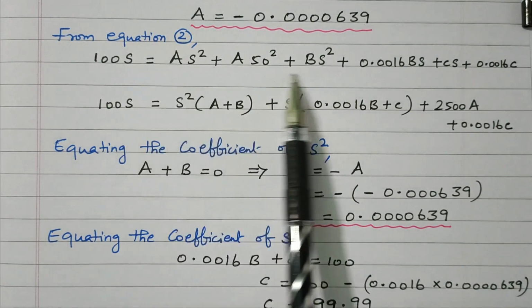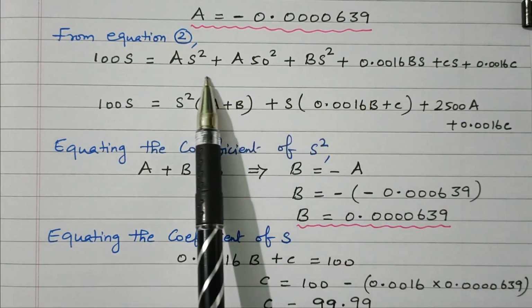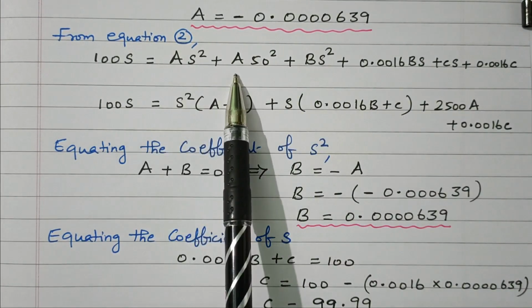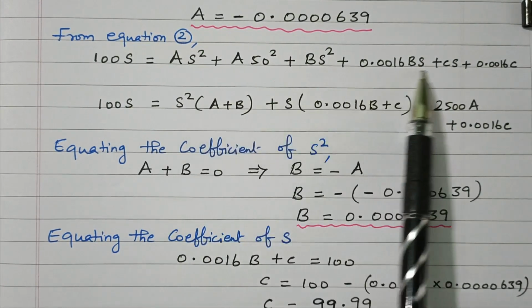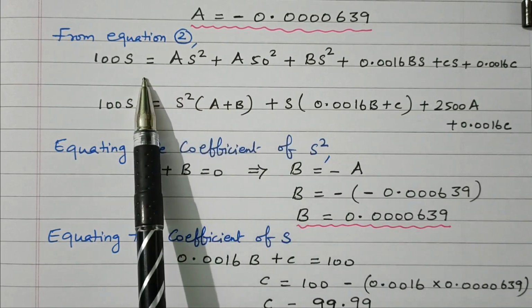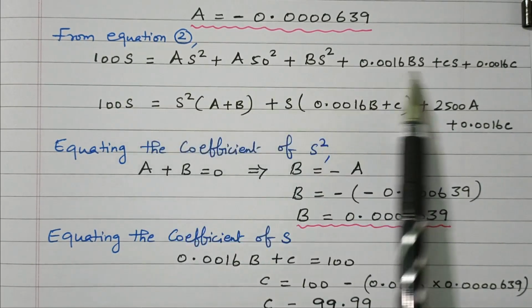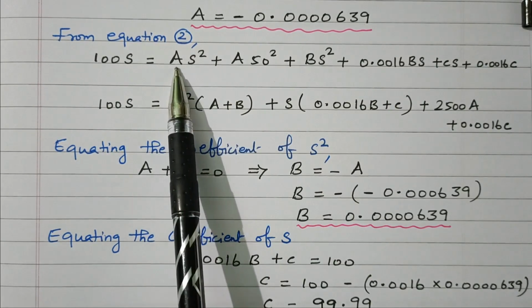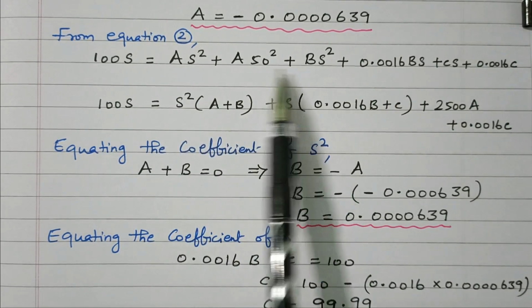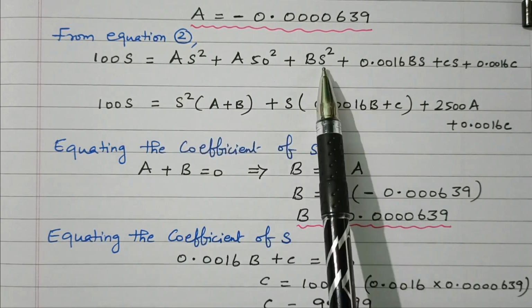So this is the simplified equation, right? A S square plus that equation 2 is multiplied inside. After multiplication, after expanding the equation, we got this. Now S square, take S square outside. Here A is available, here B is available, so A plus B. Take S outside.